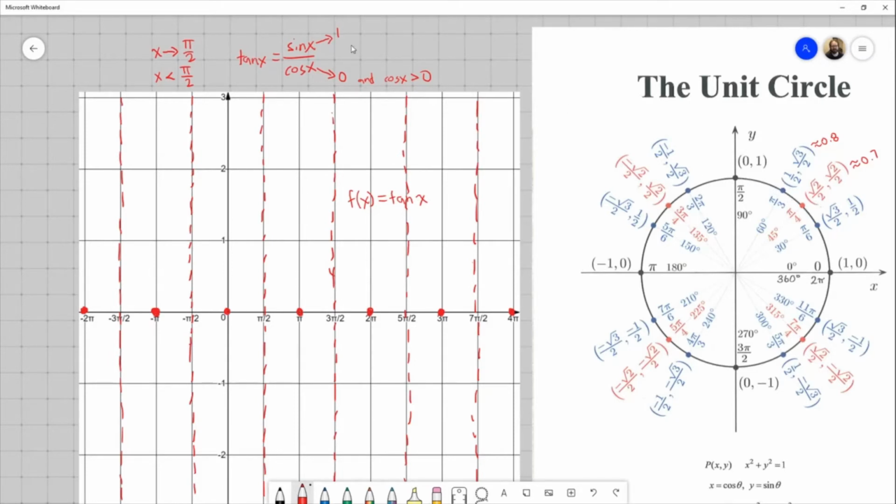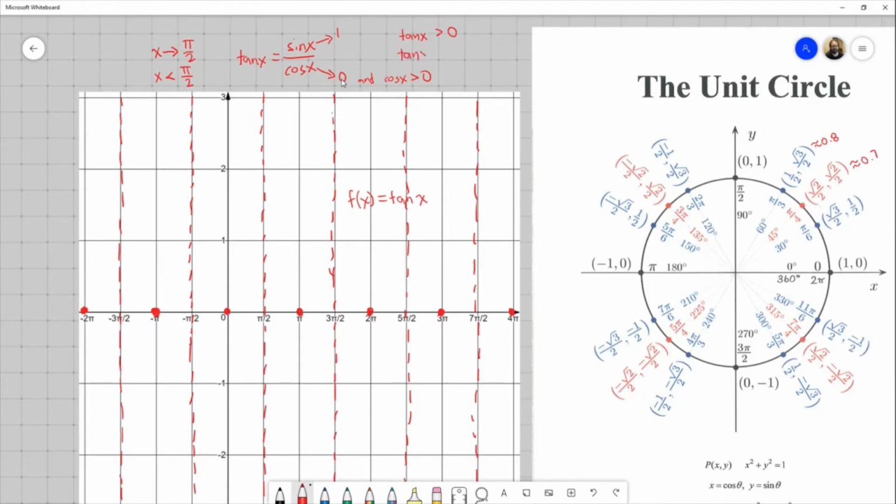So two things: the fact that sine and cosine are both positive in the first quadrant, that means that tangent's going to be positive on the interval 0 to pi over 2. And furthermore, the fact that my numerator's getting close to 1 and my denominator's getting close to 0, that's the part that says that tangent is growing very large.